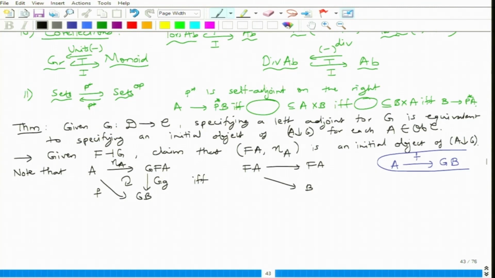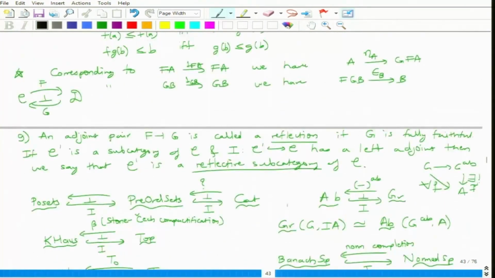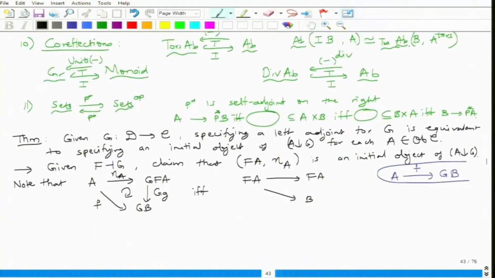It is identity. See, corresponding to the identity on FA, we have a morphism eta A from A to GFA. So this is 1 FA, and the corresponding pair F is mapped to F bar.